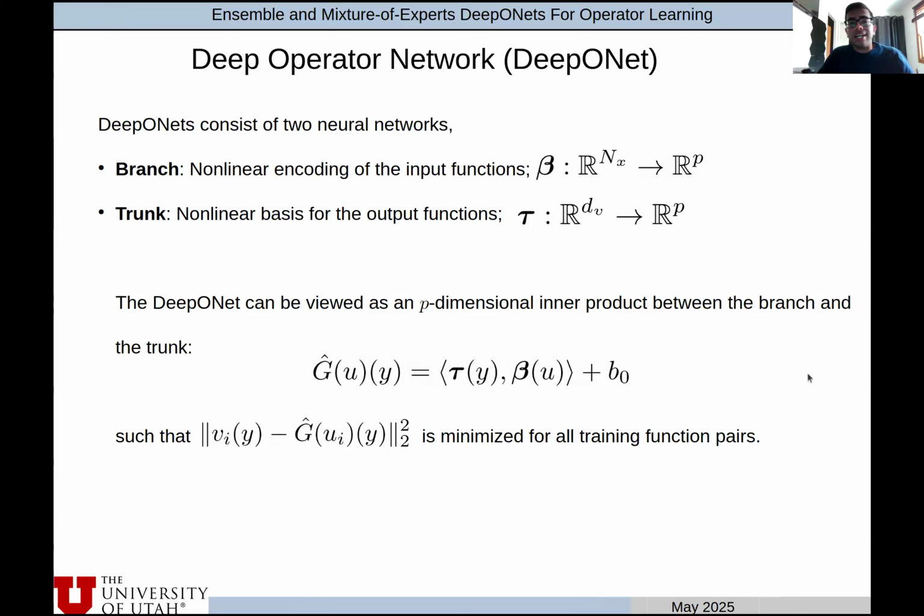Given a large data set of input and output functions, this error is minimized between all pairs in the training data set. Then one can apply this at inference on new unseen functions. So that's, I think, a sufficient background on DeepONets for this talk.